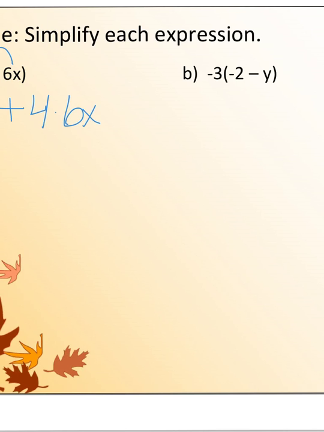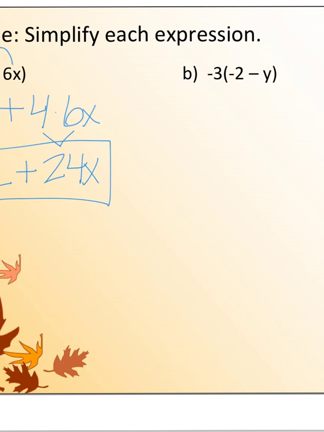Now we actually multiply. 4 times 3 is 12, plus 4 times 6 is 24, and the x stays along. For today, you're not going to need to worry about looking for any like terms. We'll worry about that tomorrow. These two end up are not like, and again, we'll review why that is tomorrow.